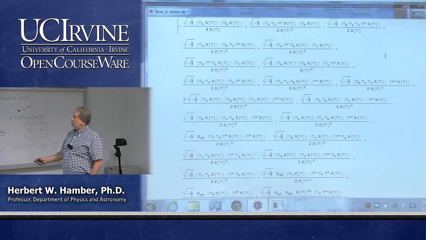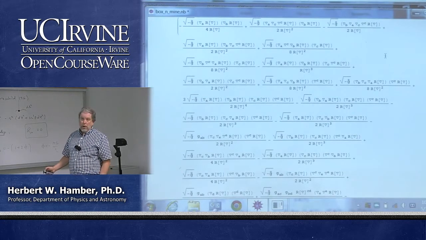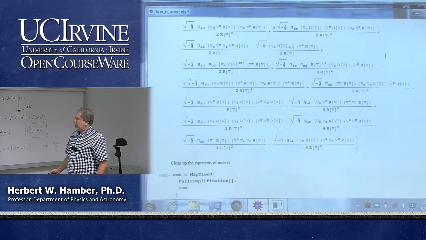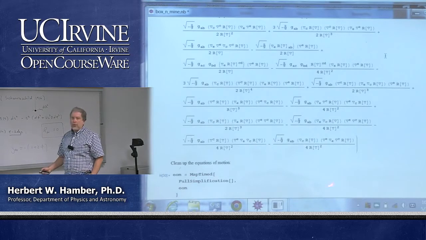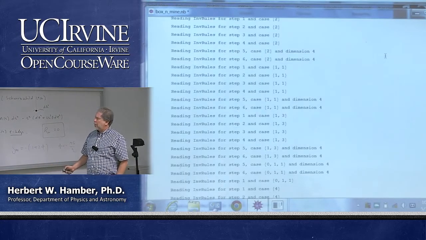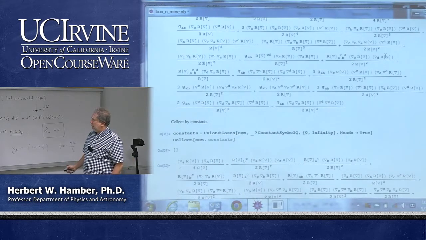And so the next step is to tell it to actually simplify all of this using known identities. And so that is what is done here, right? Is to do a simplification of this using all the rules. So now it shows you all the rules it is using to try to bring this down to a more manageable form. And this is in fact what it gets.